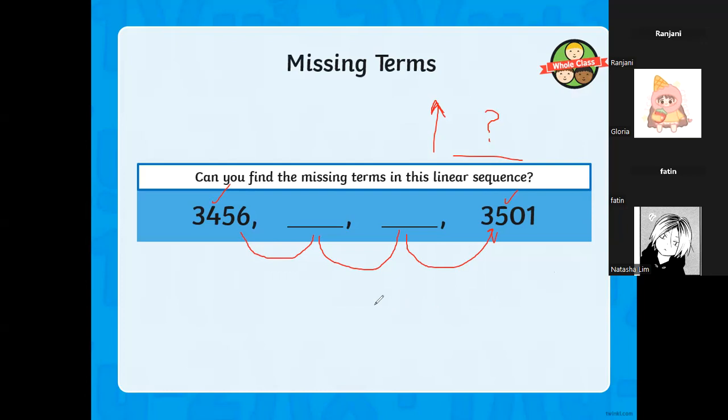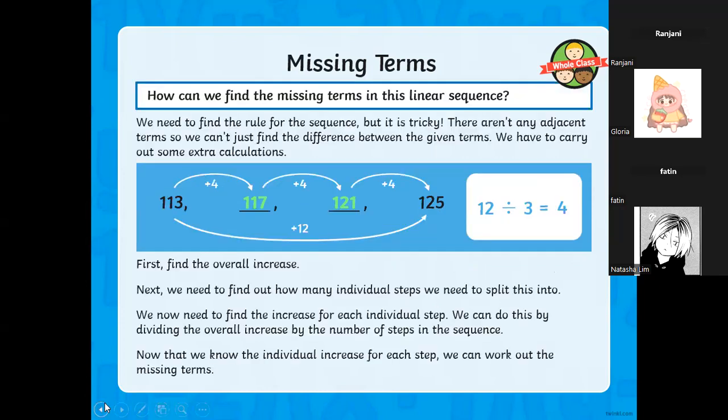This is hard? No. Remember, just now you had a strategy. I'm going to go back to show you the strategy. I'm not going to explain, so watch carefully. Earlier, the question: from here to here, find how much it went up, and then how many jumps it is making.